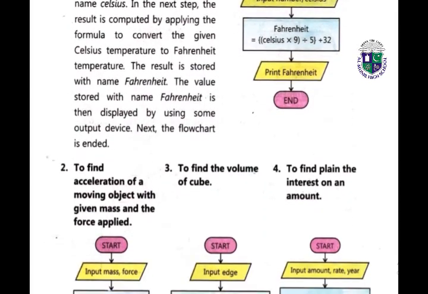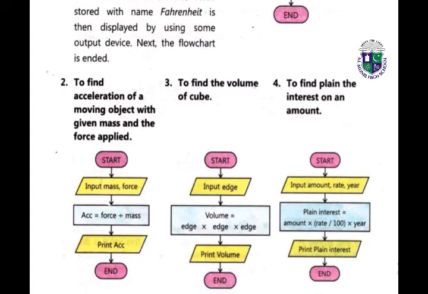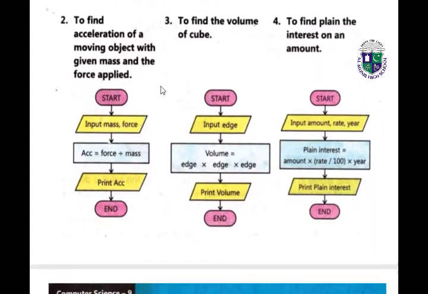Also we have here the flowcharts. Number 2 is to find the acceleration of a moving object with given mass and the force applied. Number 3 is the flowchart to find the volume of a cube. Here we have number 4, the flowchart to find the simple interest on an amount.